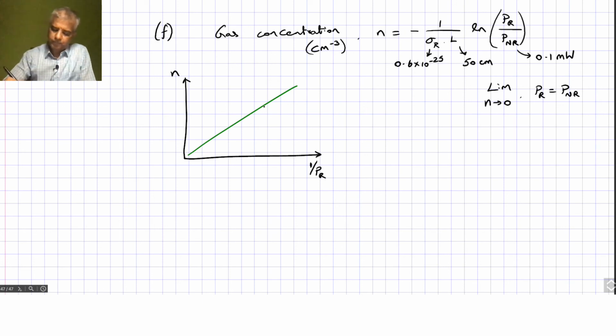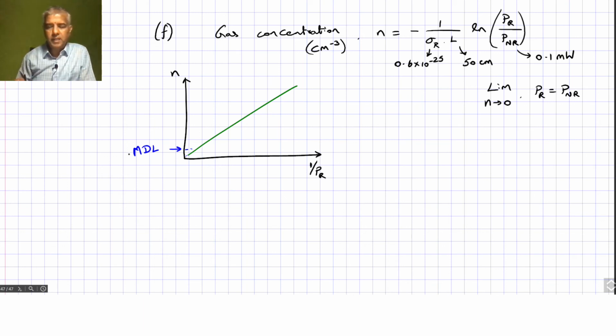Okay. So the question is, what is the minimum detection limit that we have? So the minimum detection limit would be somewhere over here. Let's call this minimum detection limit.